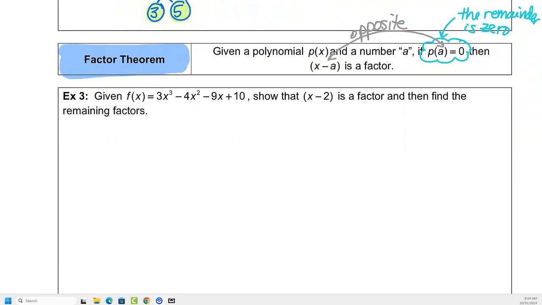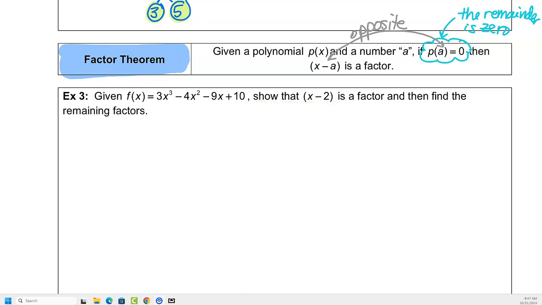Okay, so let me show you what that means. Example 3, it says given f of x is 3x to the third minus 4x squared minus 9x plus 10. Show that x minus 2 is a factor. So if we're going to show that it's a factor, we've got to divide, and when we divide, the remainder has to be 0.